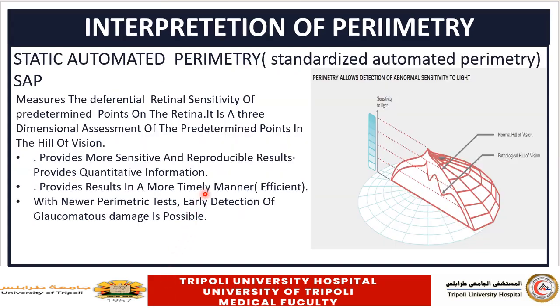We come to static automated perimetry. In static automated perimetry, we use it to quantify the retinal sensitivity of the field of vision of the patient, and we determine if there is any deviation of this sensitivity from the normal.